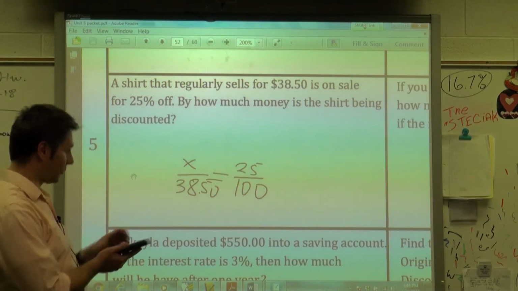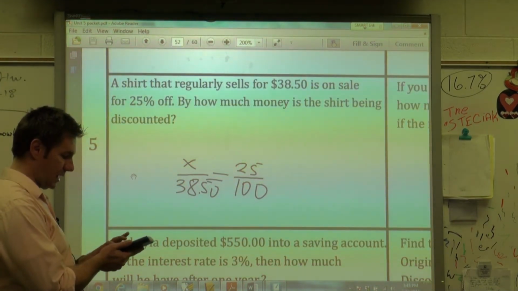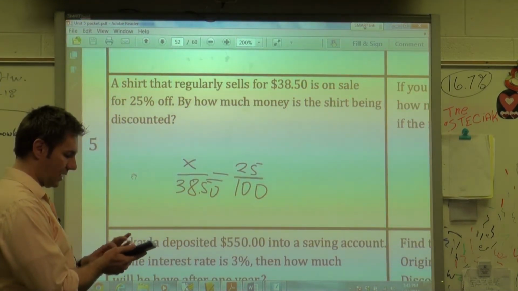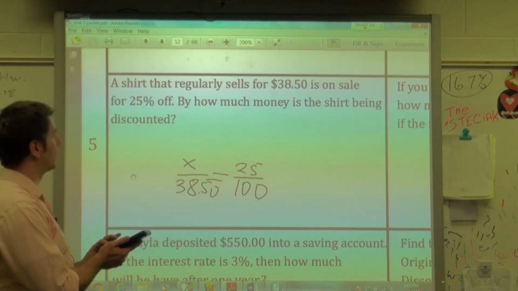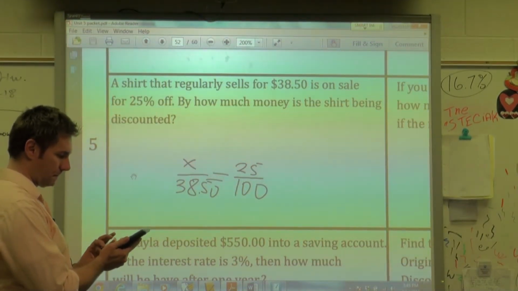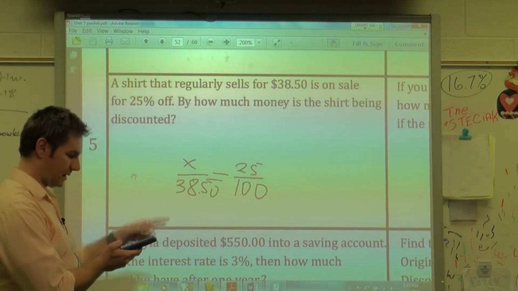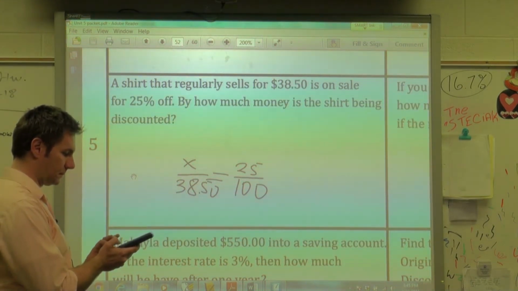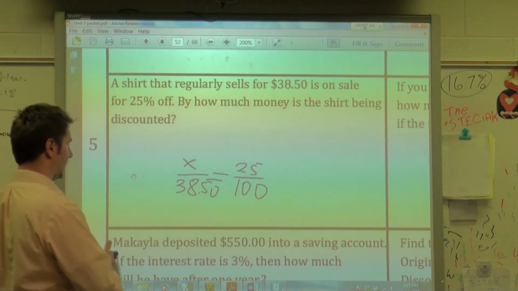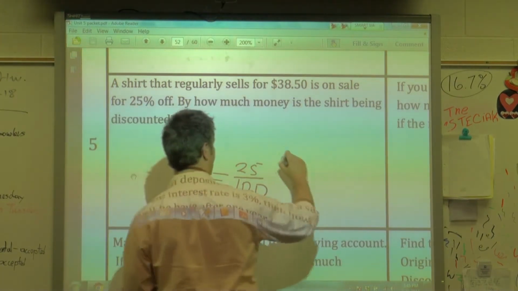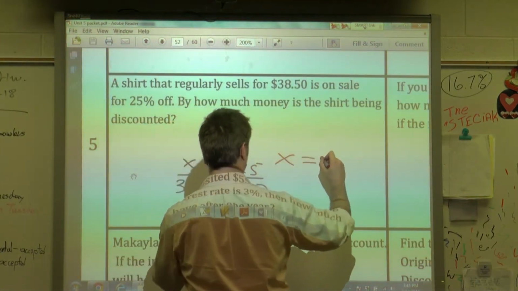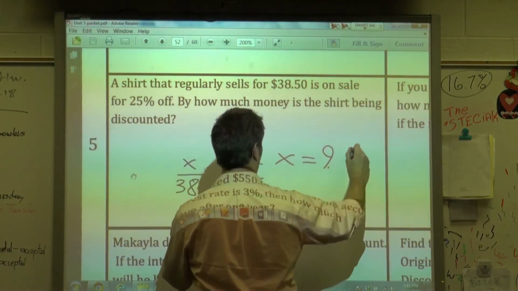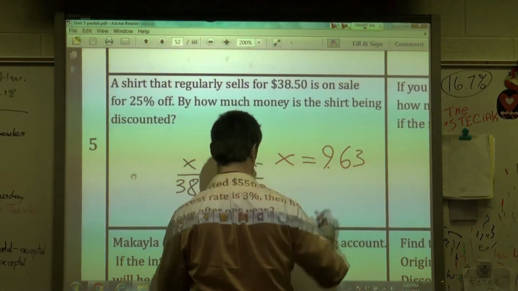So we multiply across, 38.5 times 25, and divide by 100. The amount of discount, X, will equal $9.63.